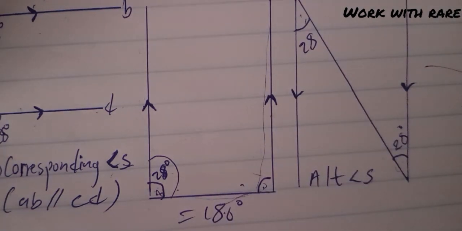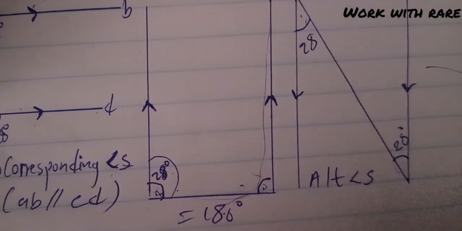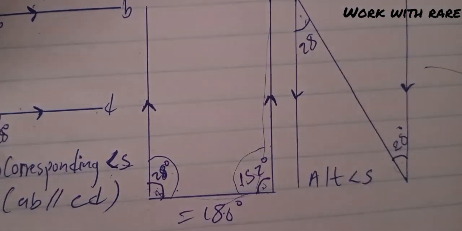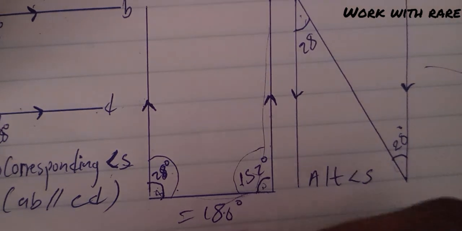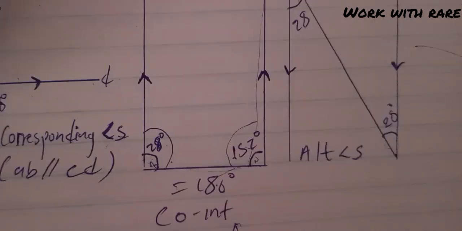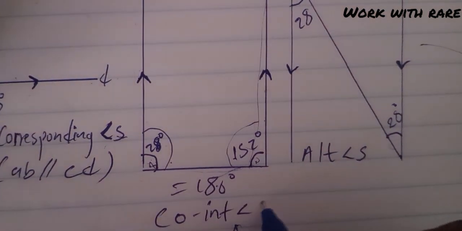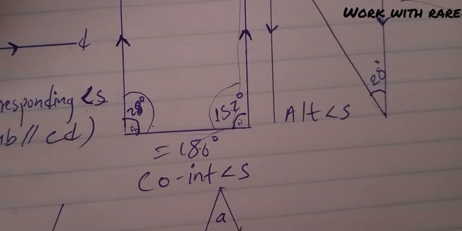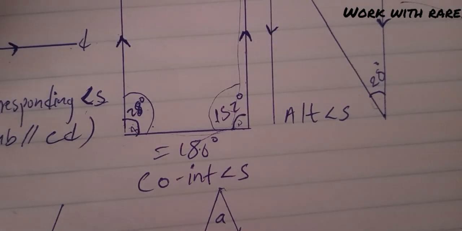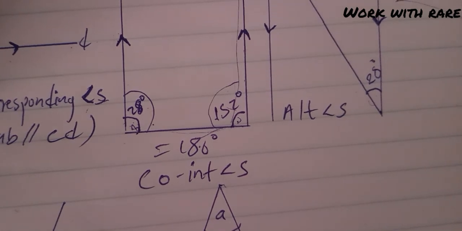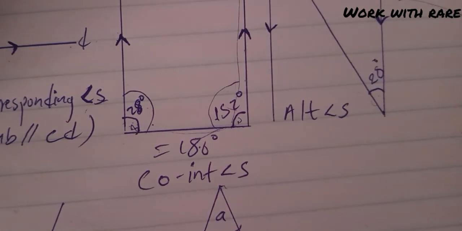Minus 20 is 160, minus 8 is 152, which means this angle will be equal to 152. But remember, like I said, this is co-interior angles. You should know this, you should master this. If you master them, good for you. But others didn't know, or some knew but they didn't really understand them.